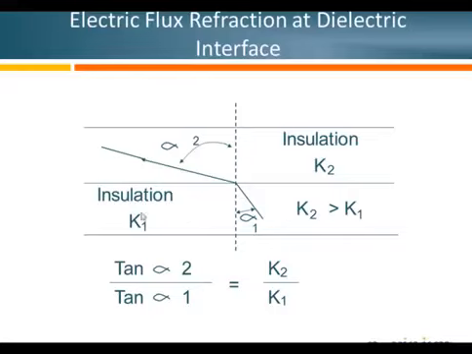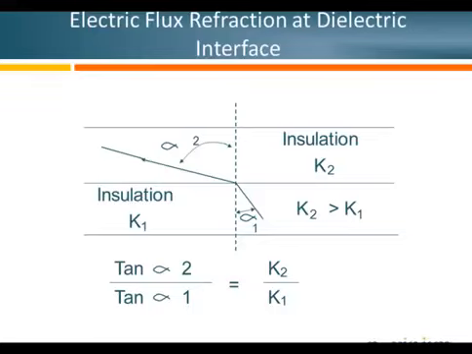And the way that works is you have two dielectric materials, and dielectric constant is signified by the letter K. Your dielectric K value is your insulating ability of the material.